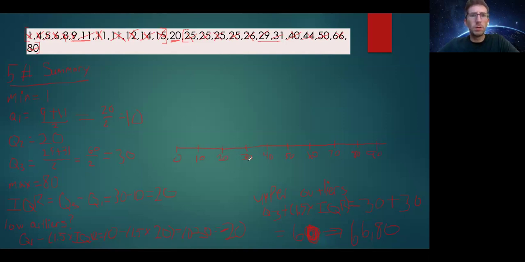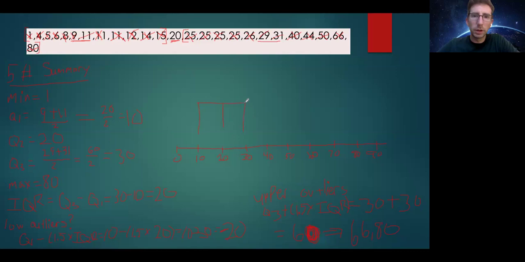Okay, so let's start by drawing our box. Remember, we're going to start our box at Q1, which is at 10. So I'll just draw a vertical line at 10. And then we'll close our box off at Q3, which is at 30.